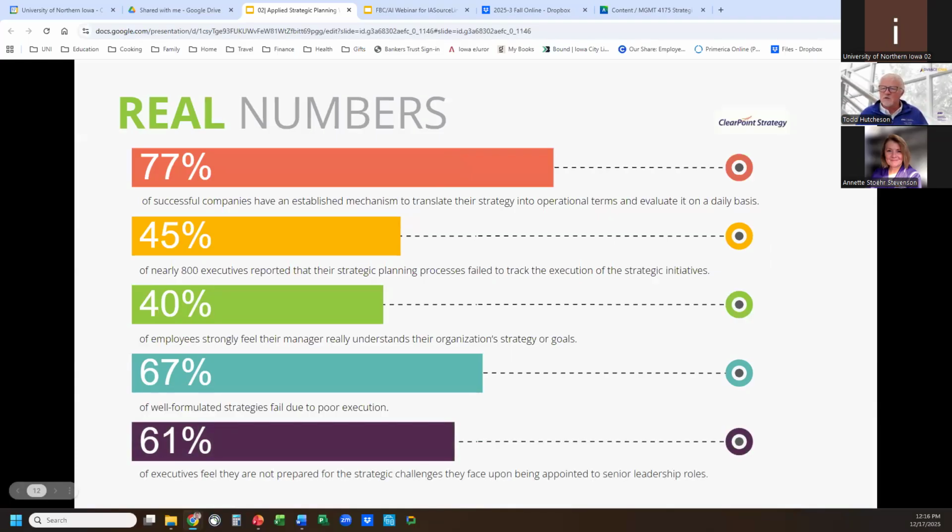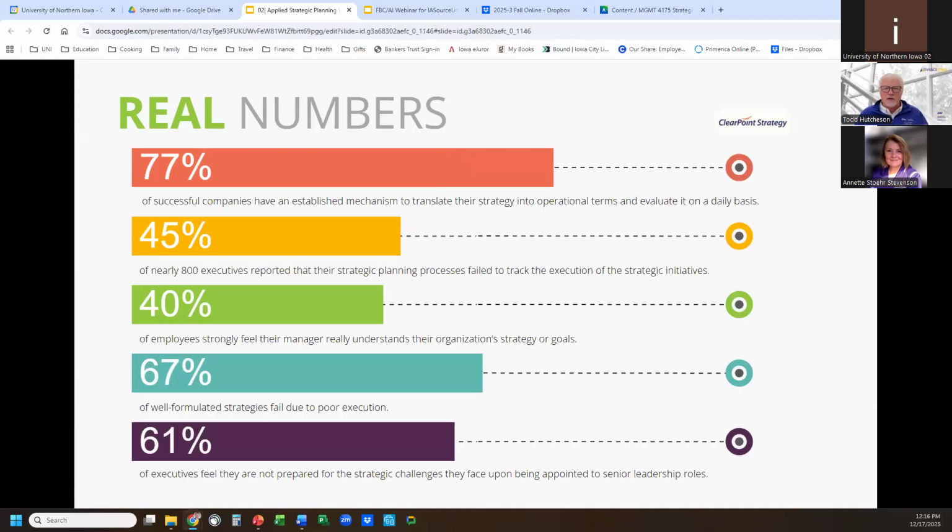And then 61% of executives feel they're not prepared for strategic challenges they face when being initially put into their senior leadership roles. So that speaks a little bit to succession planning and preparing the next level of executives to be able to understand what their strategic plan looks like and how they're going to be able to impact it.